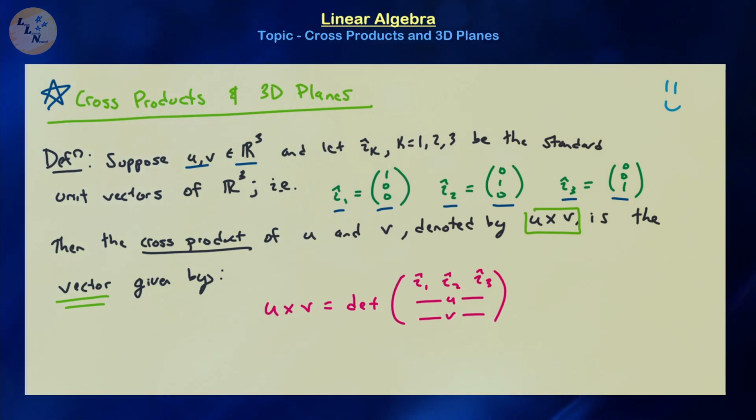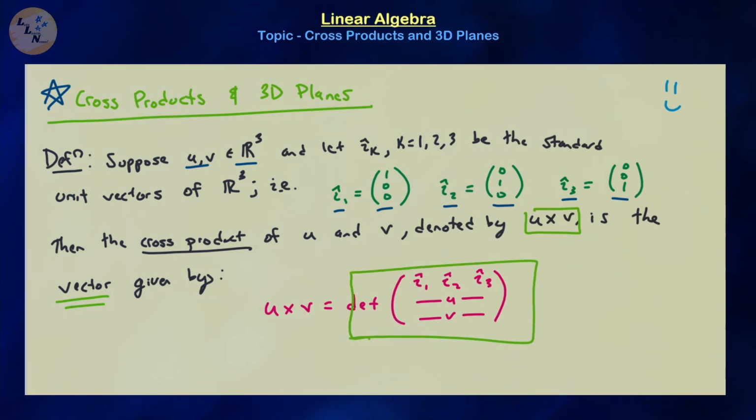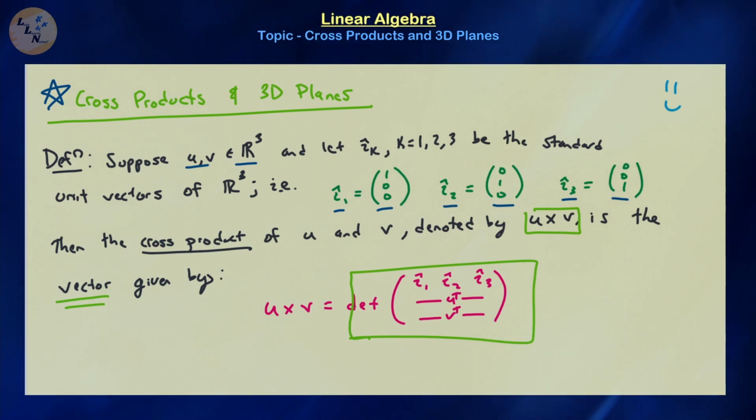And you can find that vector via the determinant of this 3 by 3 matrix, where we have the standard unit vectors in the first row, u on the second row, and v on the third row. I guess you could think of them as the transpose of u and the transpose of v more formally. Alright, so that's the definition of a cross product.